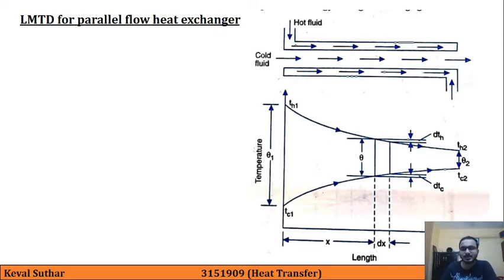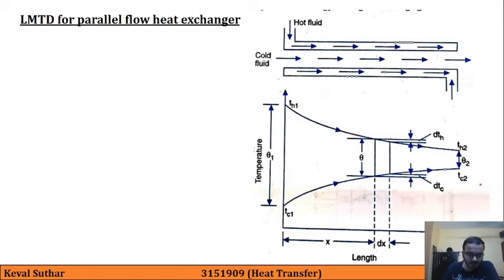So this is the example of parallel flow heat exchanger, and the temperature variations are also known to you now, that here both fluids are entering from the left hand side, so thermal head is maximum at the left hand side and it keeps on decreasing and it becomes minimum at the exit. The thermal heads are θ1 and θ2. The temperature at entry is TH1 and temperature at exit is TH2 for hot fluid. Similarly, the temperature at entry of cold fluid is TC1 and at exit it is TC2.